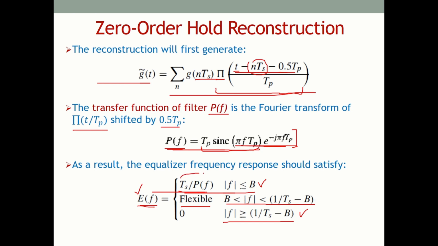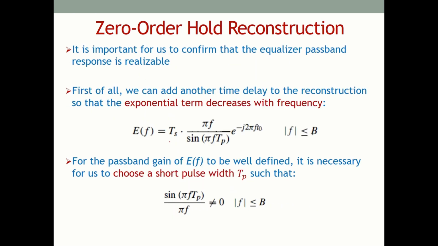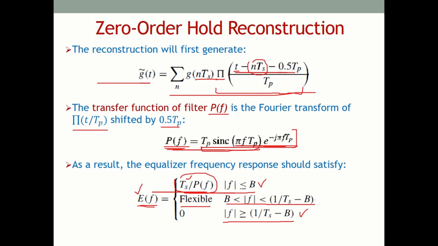So basically we're only concerned with this part, which is TS divided by this PF. So we divide TS by this whole term, and this is the expression that we will get. So you can see here we have a sine, because this sinc is sine divided by pi f TP.